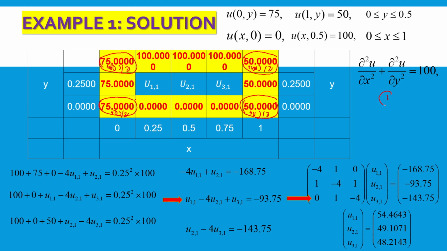You have your top cell, the coefficient is 1, center is -4, left is 1, right side is 1, equal to h squared times f(x,y), which is h squared times 100, and then bottom is 1.